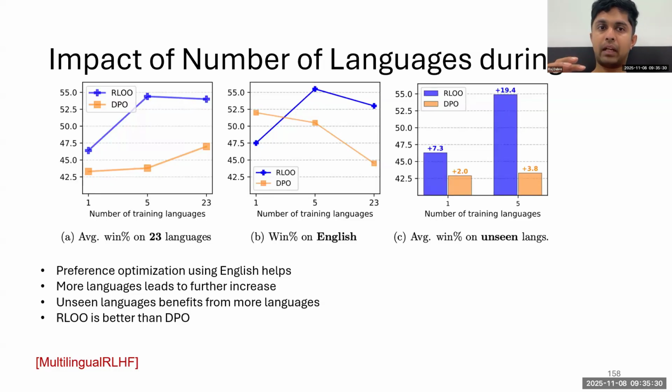One thing that is pretty clear is that algorithms like RLOO and in general DPO tend to have improving performance for different tasks, as indicated by the win rate, as the number of languages increases. Of course, since these are only three data points, they might not indicate a general trend, but in my personal experience, I've observed that it is just better to include as much multilingual data as possible during your RL step, because that leads to better generalization and better transfer learning.